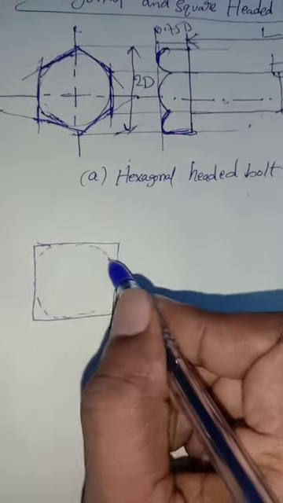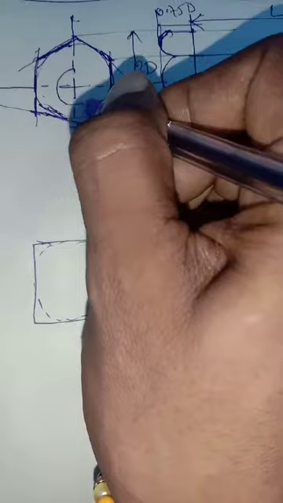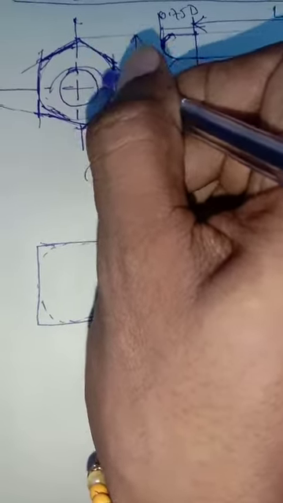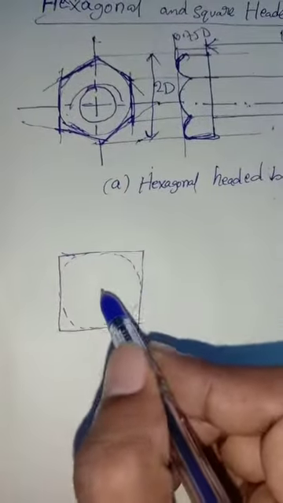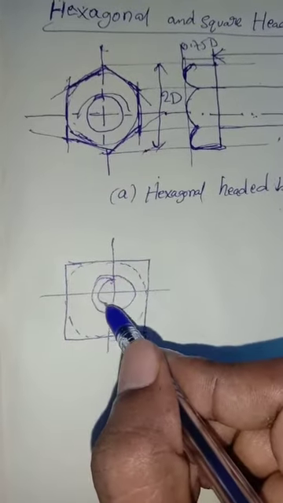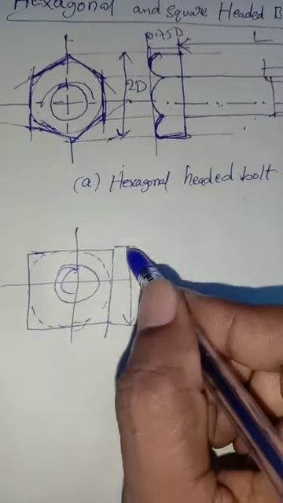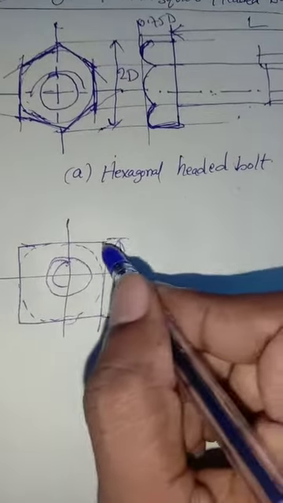Now we see here the square. Inscribe this circle, and then here it will come. This is the diameter D. Okay, and similarly here also we put D like this. This will come.